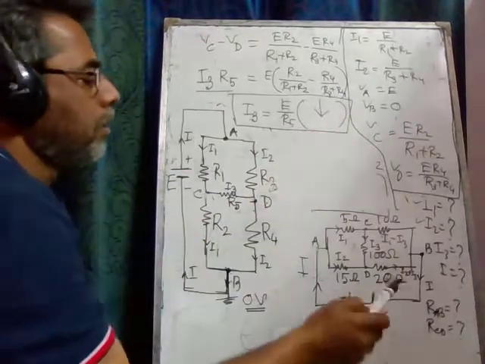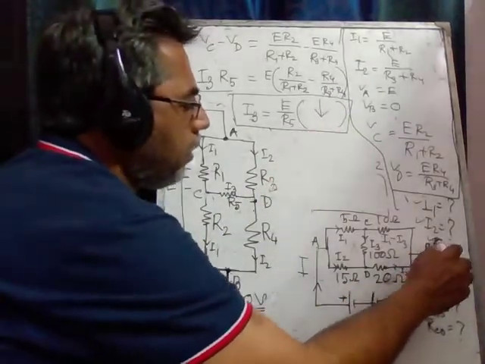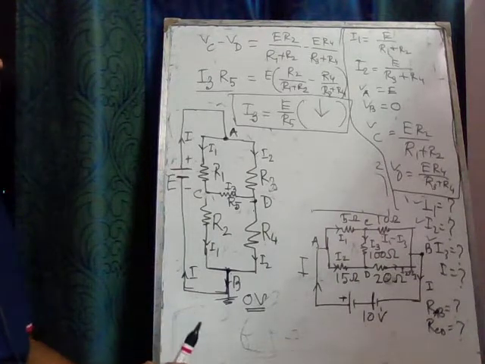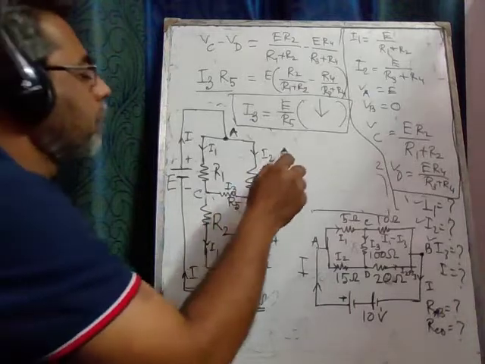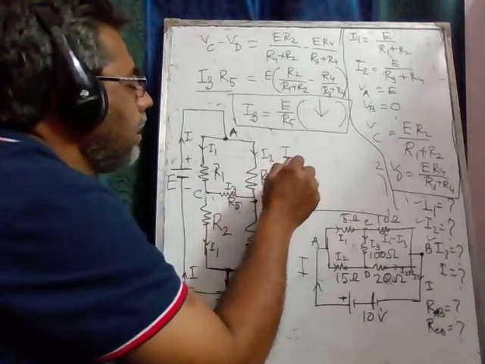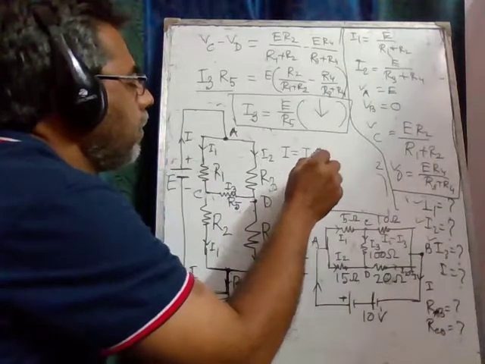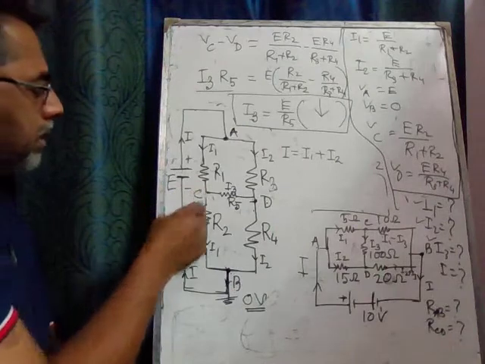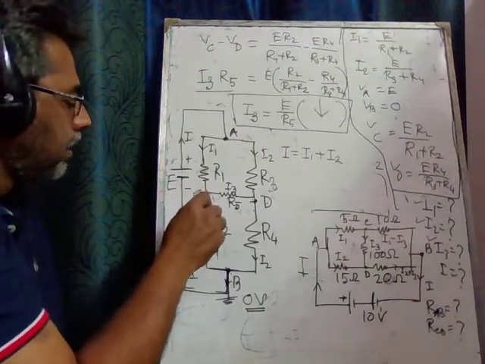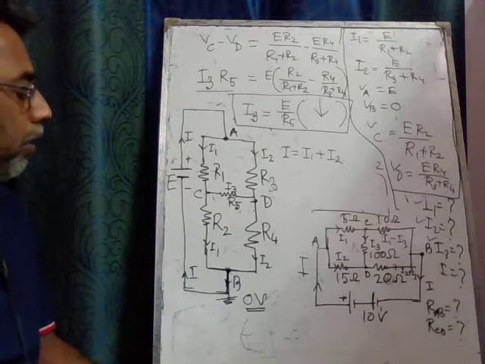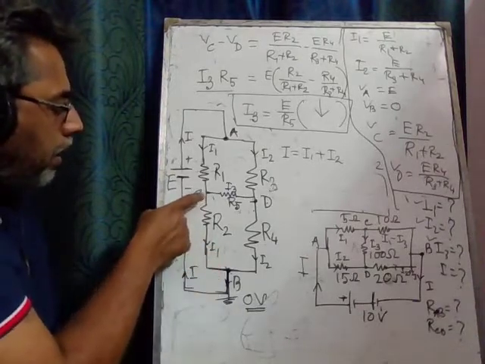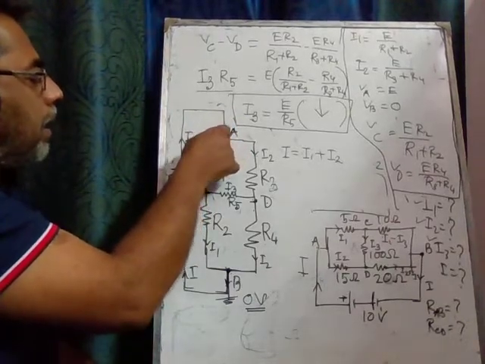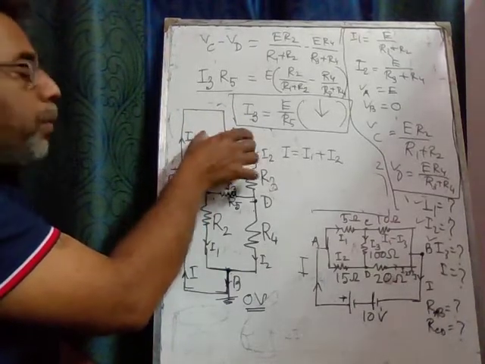So we got everything. We got I1, we got I2, we got I3, and finally we want to see what is I. The total current I is nothing but I1 plus I2. This is from the principle of charge conservation. According to charge conservation, the quantity of charge that enters this terminal is divided into two branches.